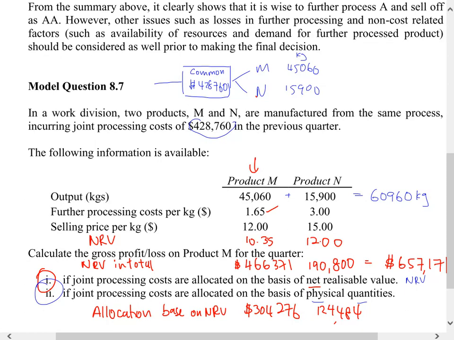Our allocation will be based on this proportion. Can we find how much? 45 divided by 60 times 428. So that is 316,928.